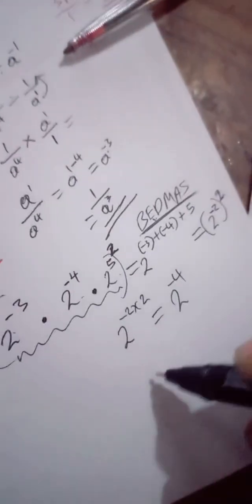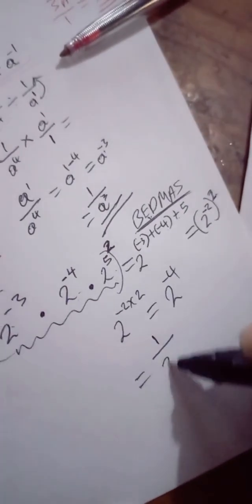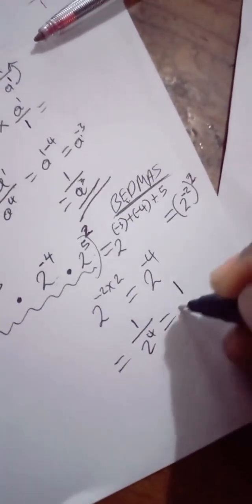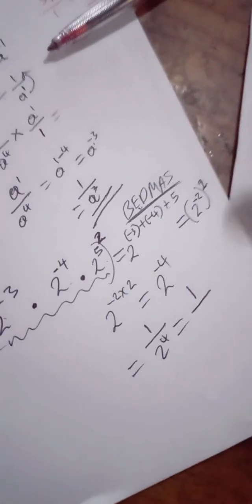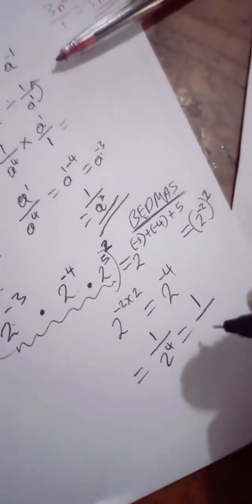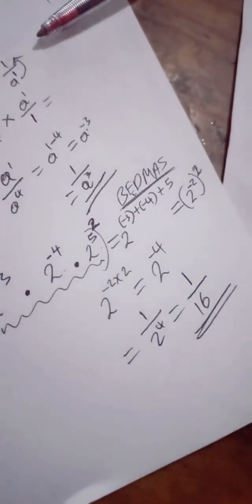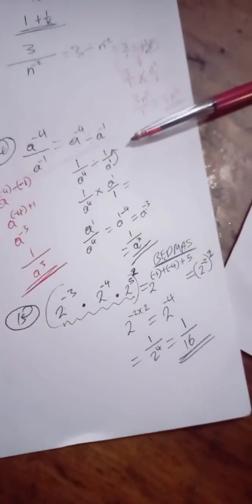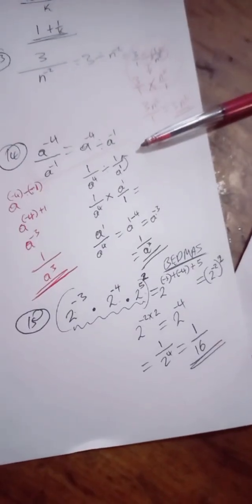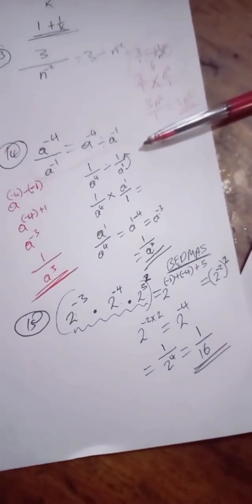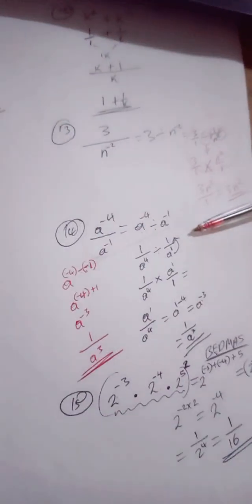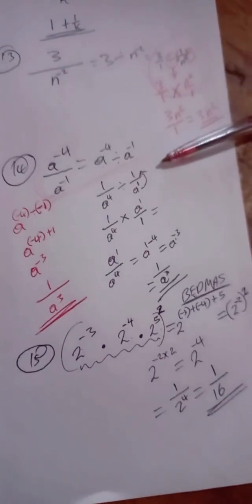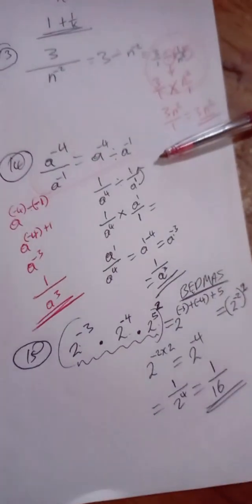So here it's going to be 1 over 2 to the power 4, which is equal to 1 over 2 times 2, 4, times 2, 8, times 2, 16, which is 1 over 16. That is our answer. I hope we are together here, guys.